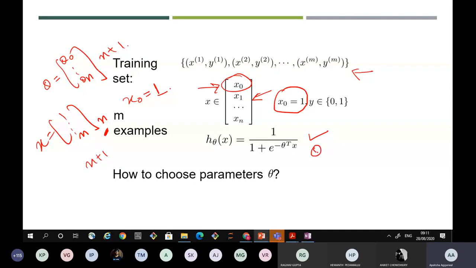That is why we are doing theta transpose x.